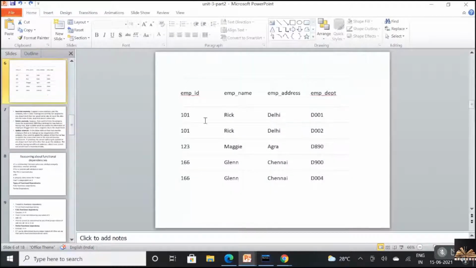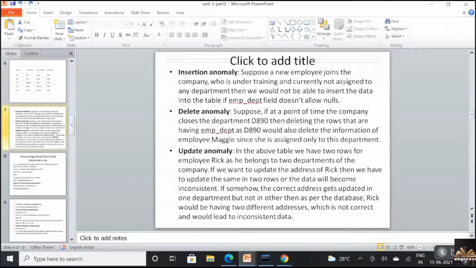He works in 2 different departments, D001 and D002. Now see, as Rick belongs to 2 departments, if we want to update the address of Rick, then we have to update the same in 2 rows.